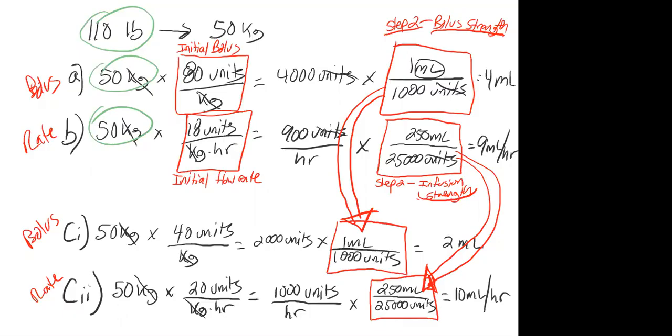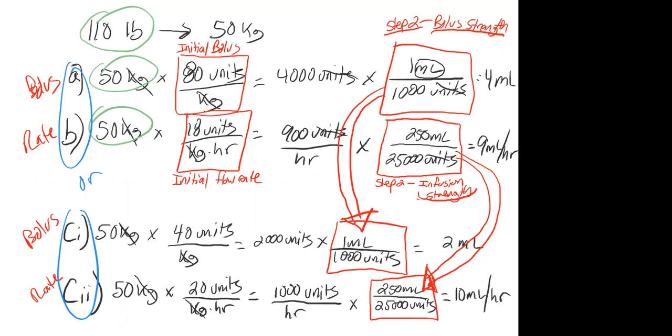And so what I had mentioned, on your test, you're either going to get A and B or C1, C2. So you'll only have to solve one part of this. In the Heparin Protocol and the practice test, I gave you basically 2 things to practice. So you're either going to get one or the other.